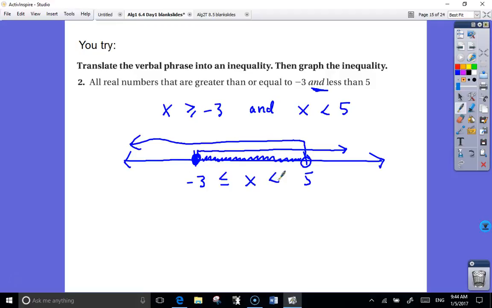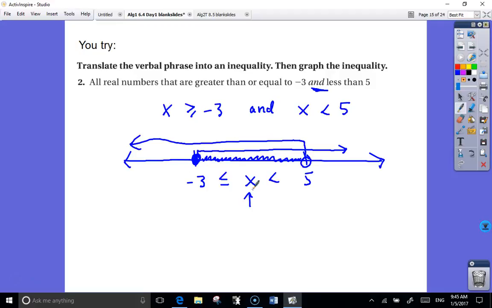Usually when that's the situation, you don't use 2 different inequalities and the word and anymore. You make one 3-part inequality. And what that 3-part inequality means is that the shading is in the middle, in between -3 on the left, 5 on the right. A lot of times students will insist on using the 2 different inequalities, which you can do and get it right.